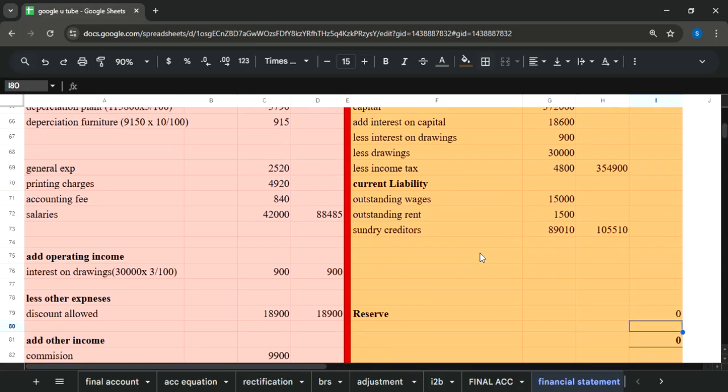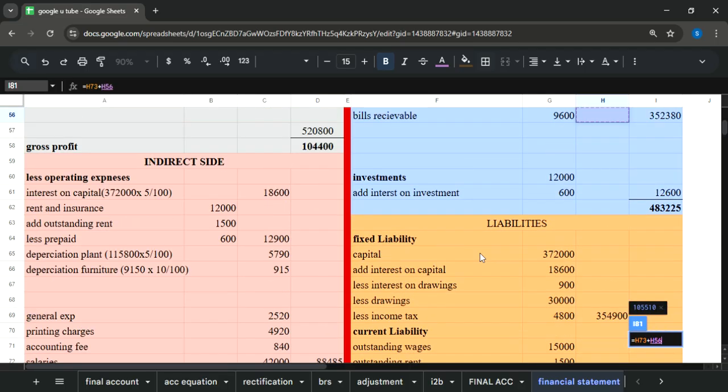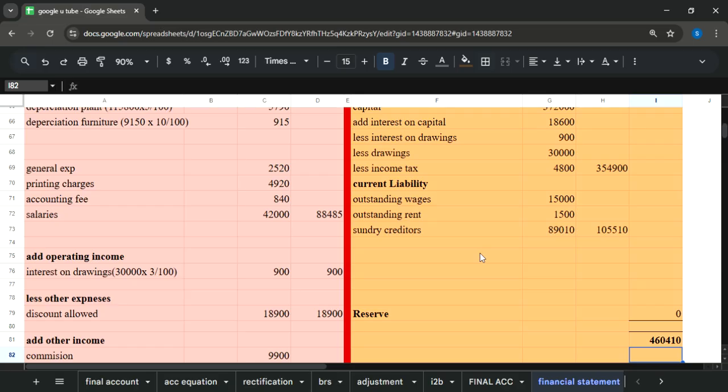We can calculate our liability side. Here you can sum current liabilities, and then you may have fixed liabilities. Okay, sundry.